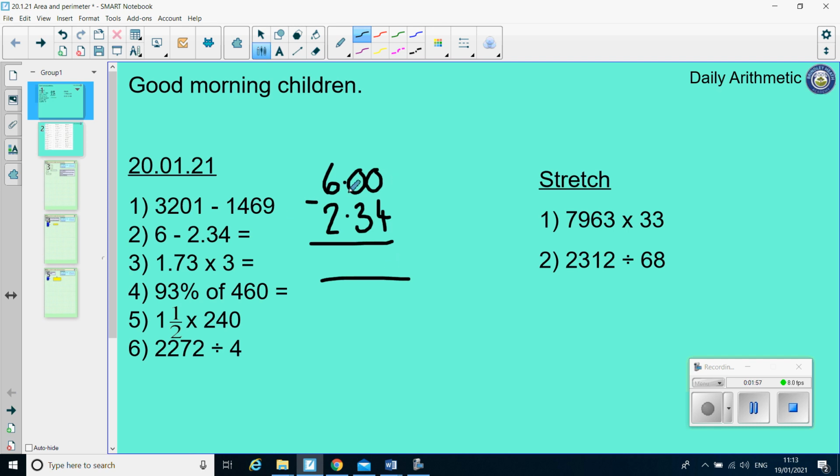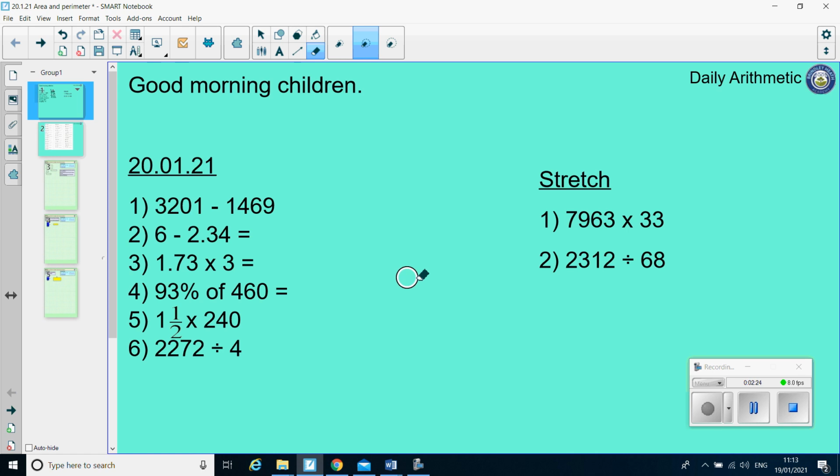I can't do that. So I have to exchange, and I'm going to have to go to this ones column to exchange there. Okay, 10 take away 4 is 6, 9 take away 3 is 6. My decimal point drops down into my answer, and 5 take away 2 is 3. So my answer is 3.66.